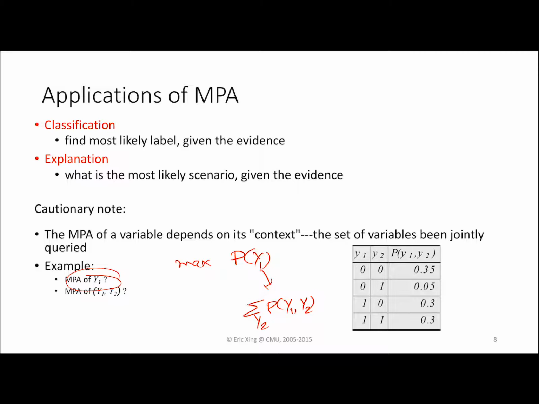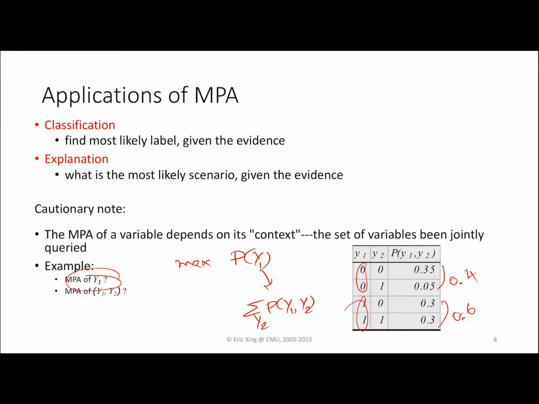So what should I do for this? Sum the rows that Y1 is fixed in. Yeah. So for Y0, I have to sum these two up, which is going to give me 0.4. And for Y1, I have to give this.